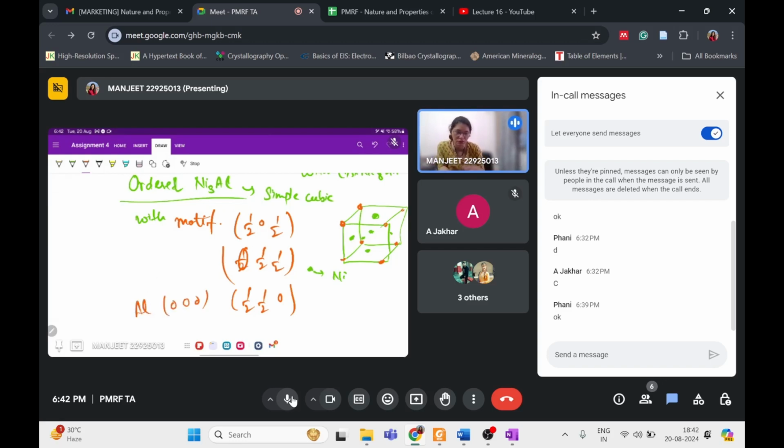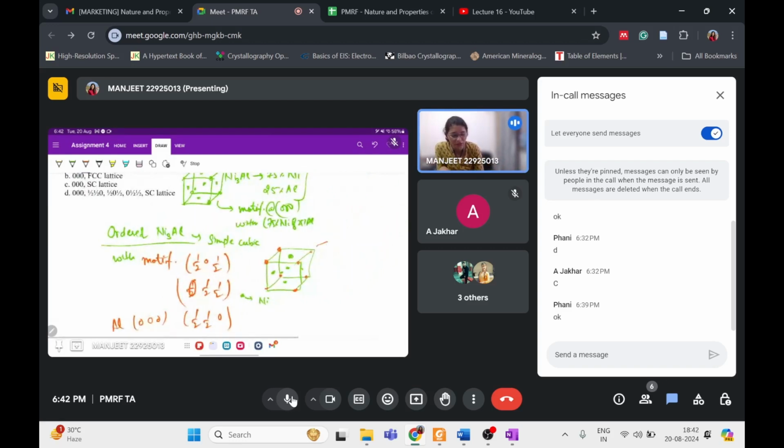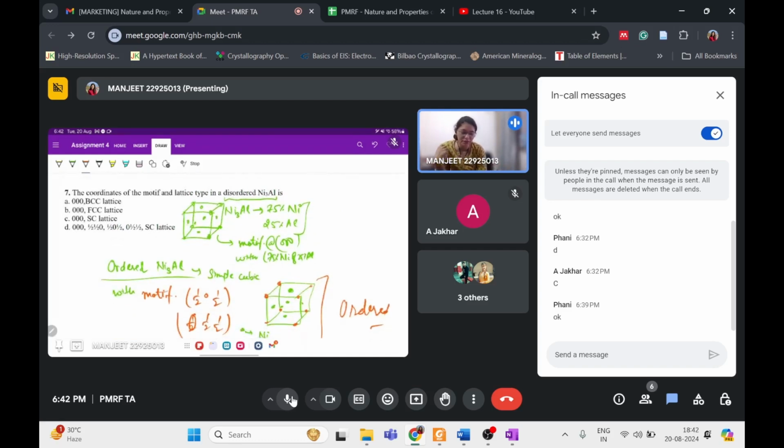0 0 0. Okay, so this is the condition for the ordered one. For the distorted one, it is normally FCC and because it is already distorted, each atom has the motif at 0 0 0 with 75% nickel, because here nickel is 3 times the aluminum, so 75% is occupied by nickel and the rest 25% is occupied by aluminum.